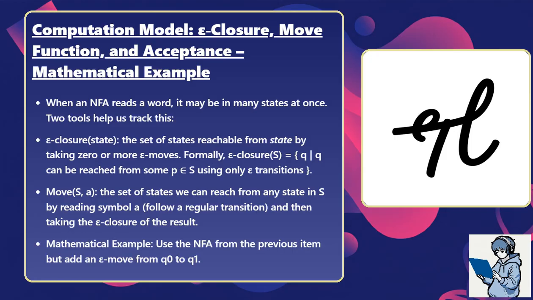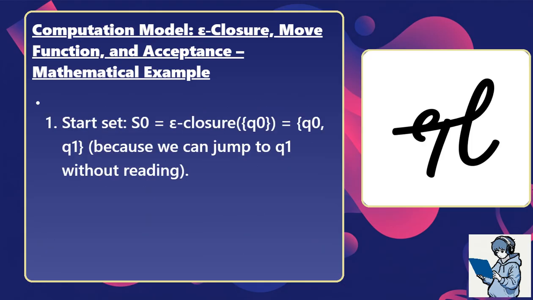Mathematical example: use the NFA from the previous item, but add an epsilon move from Q0 to Q1. 1. Start set: S0 equals epsilon closure of the set containing Q0, which equals the set containing Q0 and Q1, because we can jump to Q1 without reading. 2.